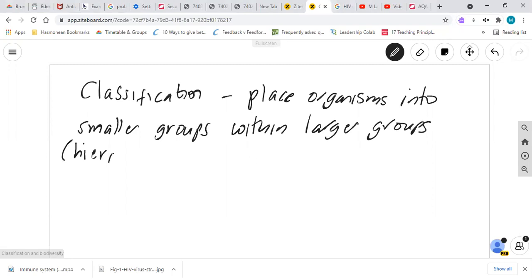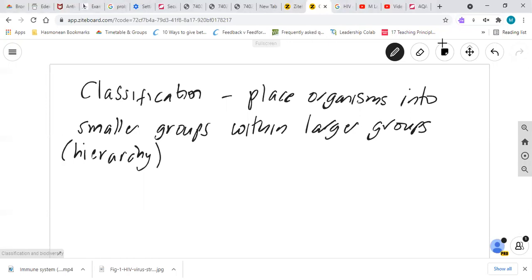It means that you start with a large group. For example, we all live in this universe, and then within that, we all live on Earth. That's a smaller group, obviously. And then within Earth, which continent we live on, within which continent, which country, within the country, which town, within the town, which suburb, and within the suburb, which street, within the street, which house, and so on.